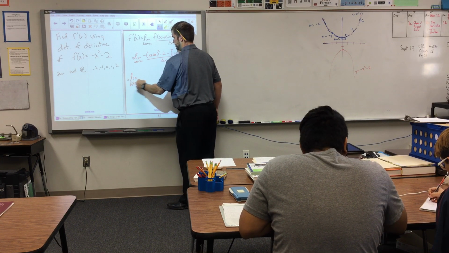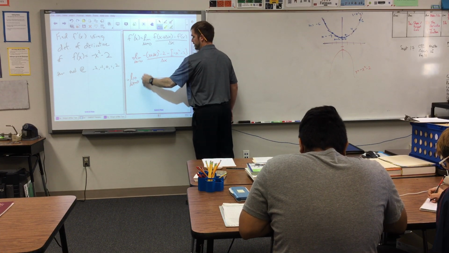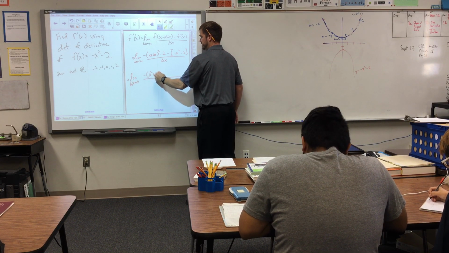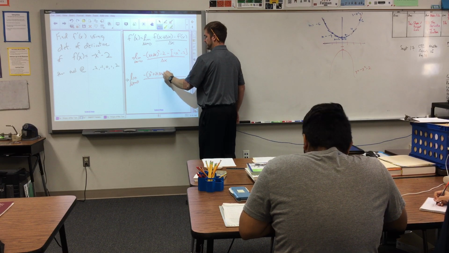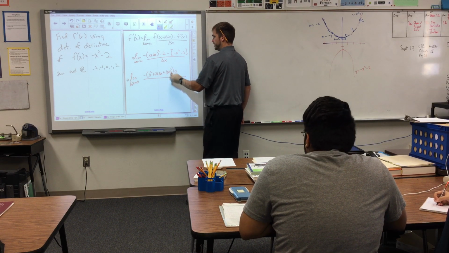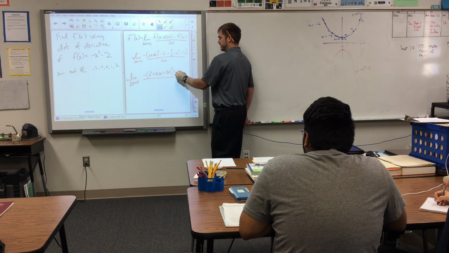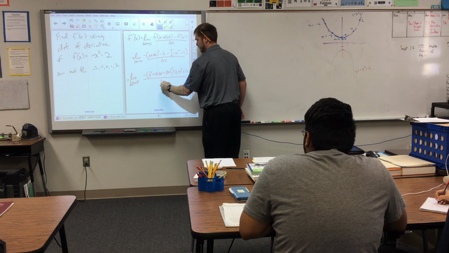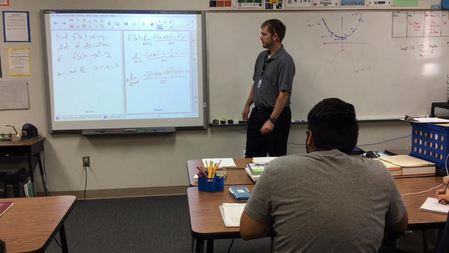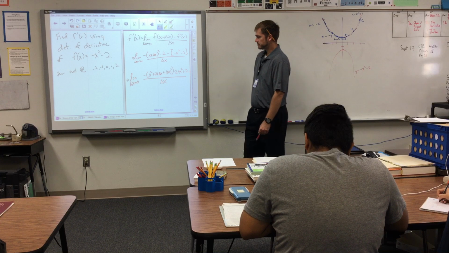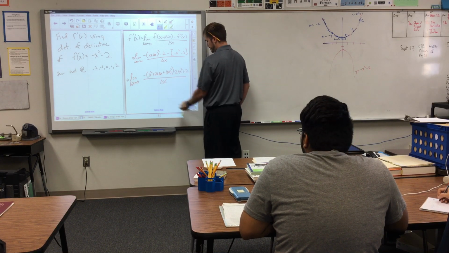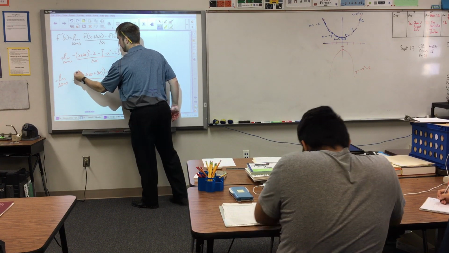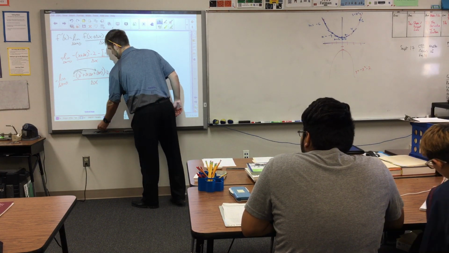Alright, I looked around and saw some good stuff. That negative out front, x squared plus 2x delta x plus delta x squared, minus 2. A minus and a minus is a plus x squared. A minus and a minus is a plus 2. Now this minus right here gets pushed in front of each one of these items.